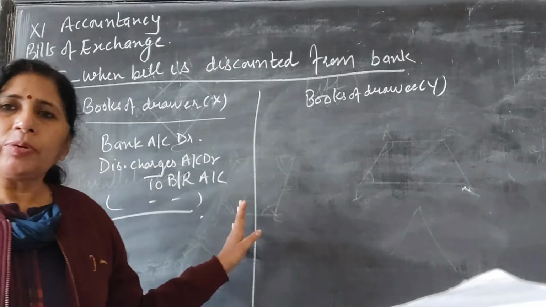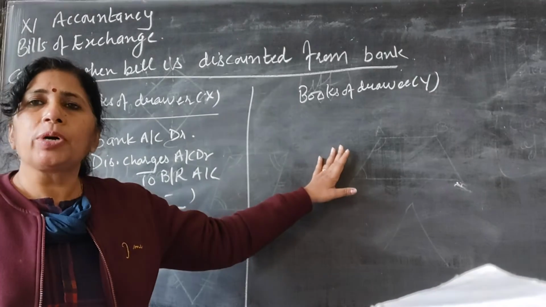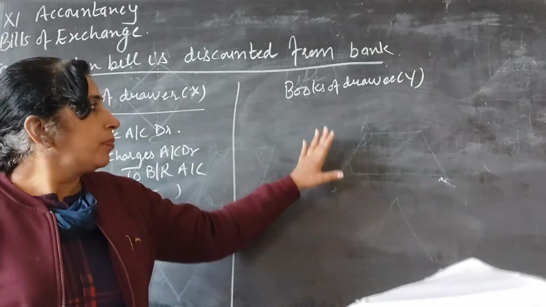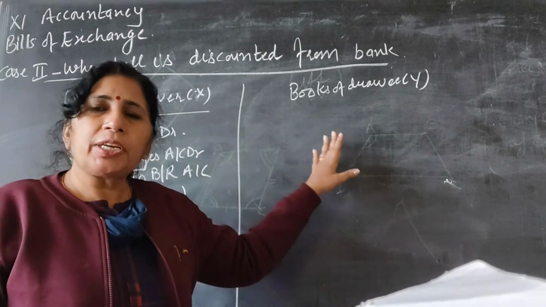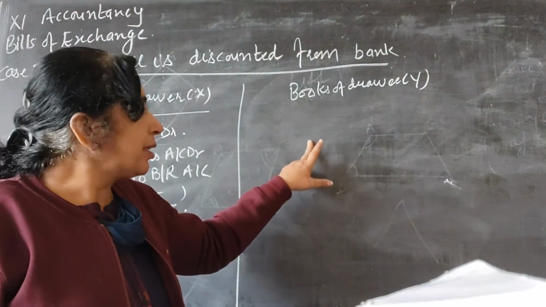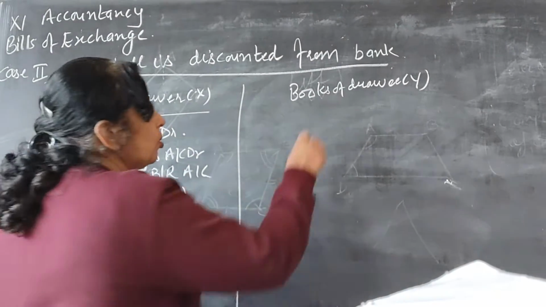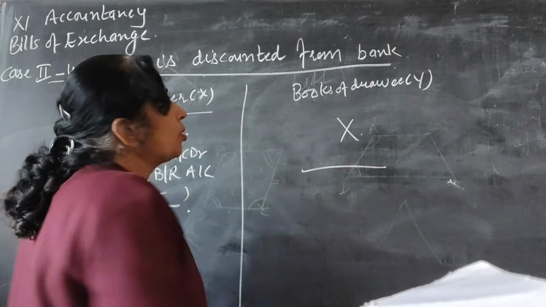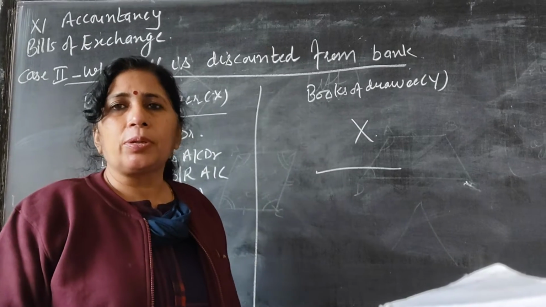But when the bill is discounted from the bank, the drawee has no connection with it. He will be concentrating on the date of making payment of that bill. So when the bill is discounted from the bank, no entry in the books of the drawee on that date.